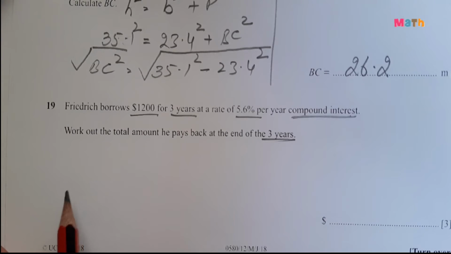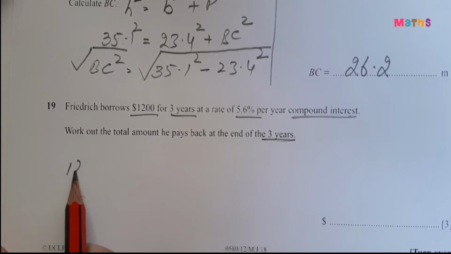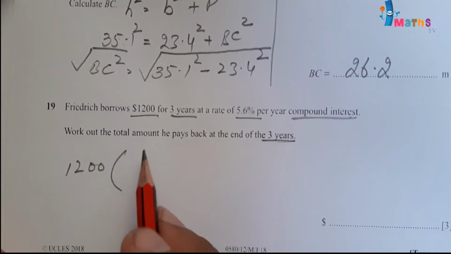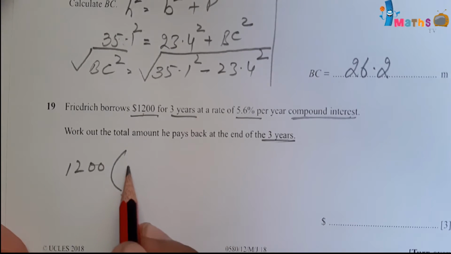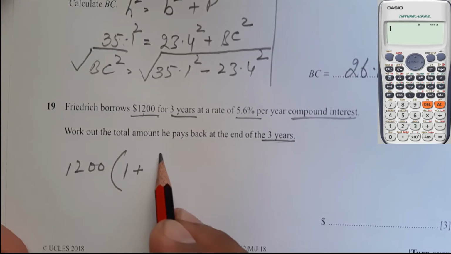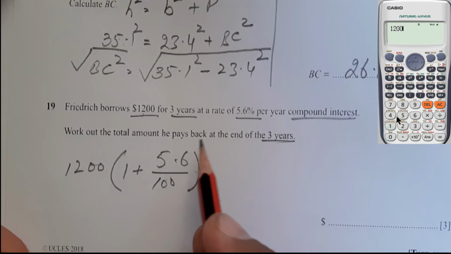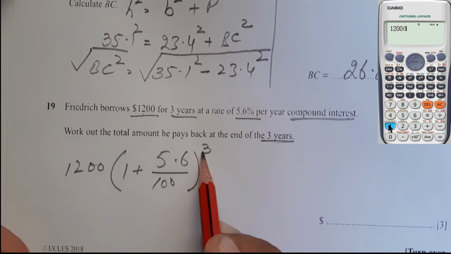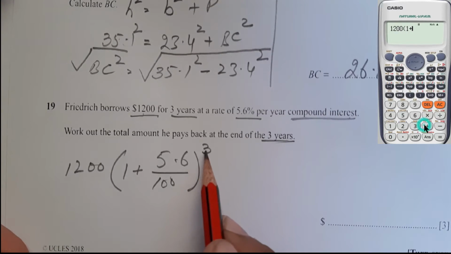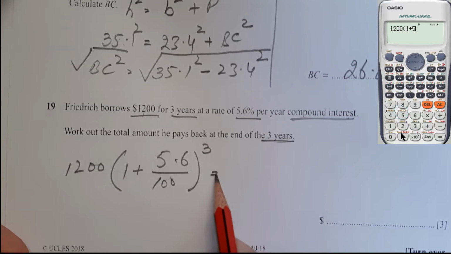So our formula will be principal amount multiply by 1 plus 5.6, which is the rate percentage, divided by 100, and whole raised to the number of years, which is 3.